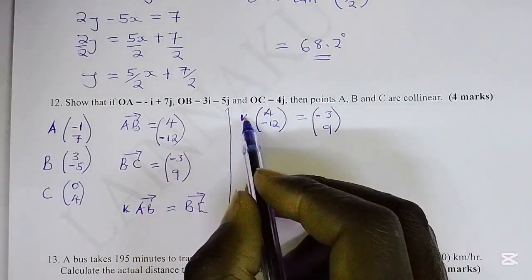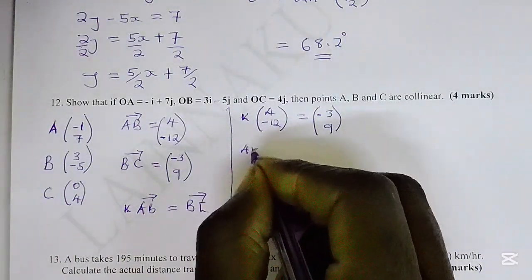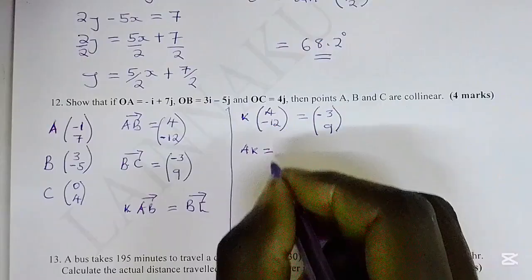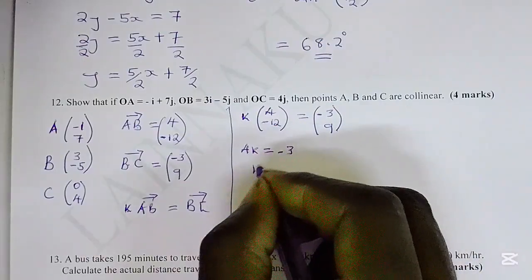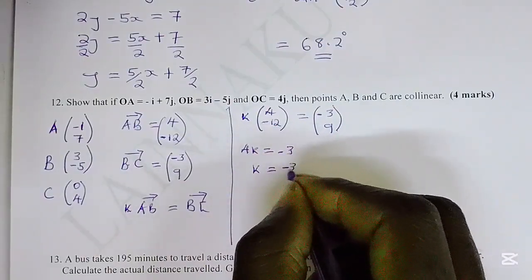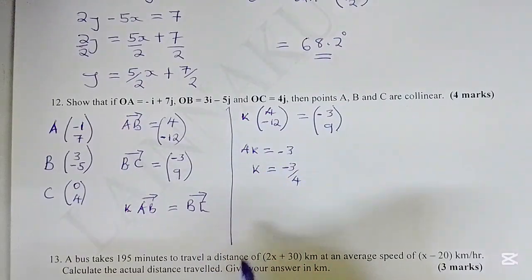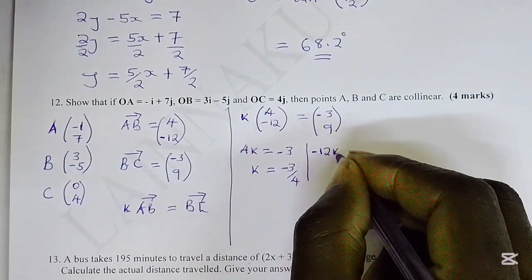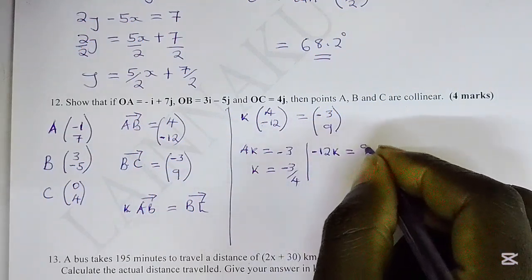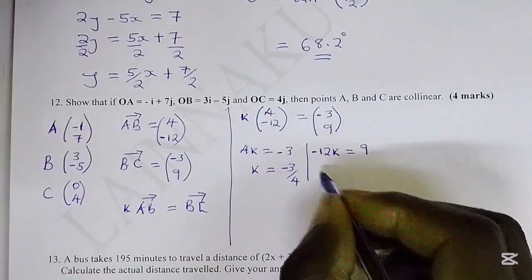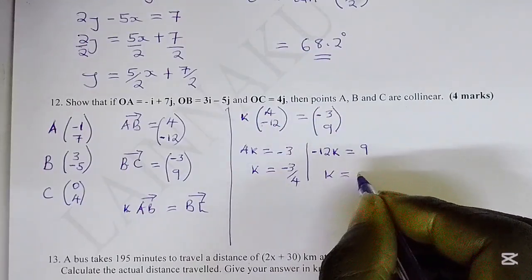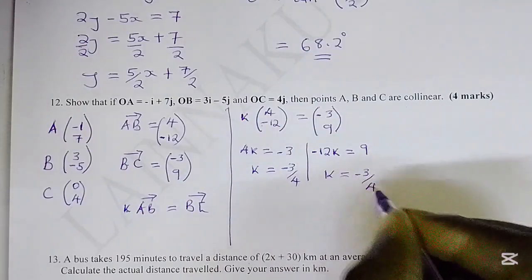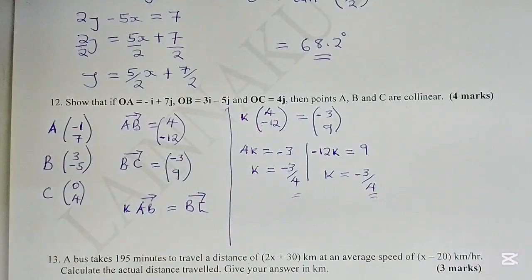So it means that 4K should give us -3. So the value of K is equal to -3/4, dividing by 4 everywhere. Then on the other side, -12K should give us 9. So divide by -12 both sides, you find that K is equal to -3/4.